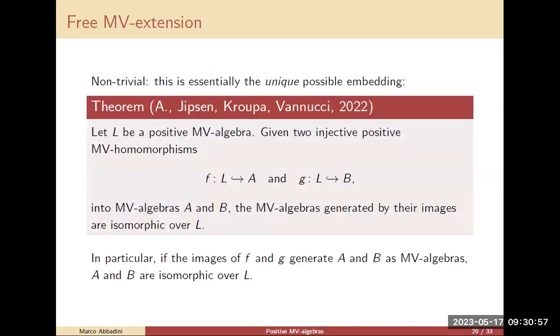But what is non-trivial is that this free map is essentially the unique possible embedding of a positive MV-algebra into an MV-algebra. What does it mean?